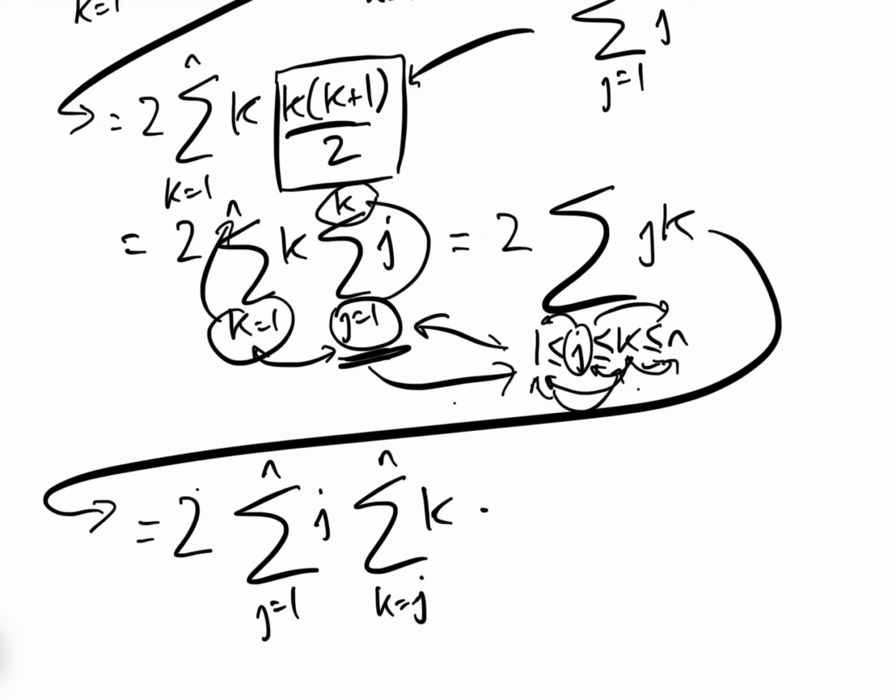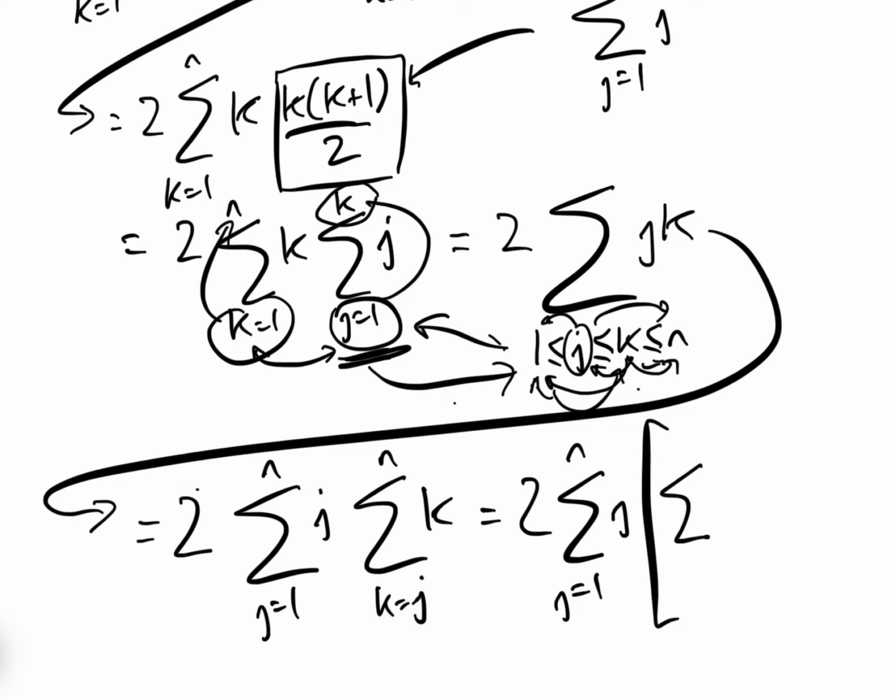Okay, now that equals 2, the sum from j equals 1 to n, of j. Now the sum from k equals j to n is equal to the sum from k equals 1 to n of k, take away the sum from k equals 1 to j minus 1 of k.